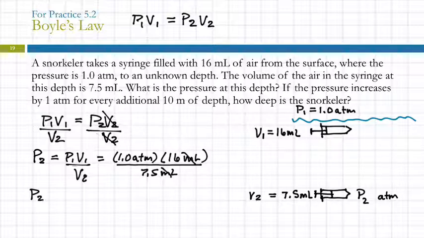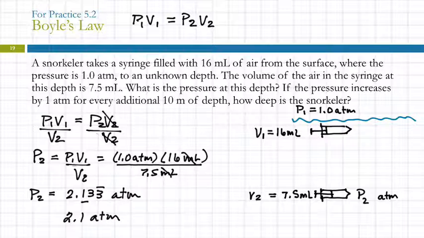So pressure 2 equals 2.133 repeating atmospheres. By rules of sig figs, this should be 2.1 atmospheres, just 2 sig figs. So that's the pressure at that depth. Any questions?